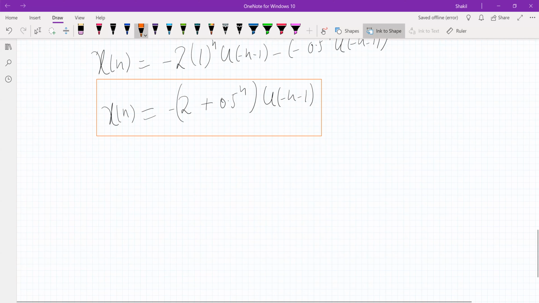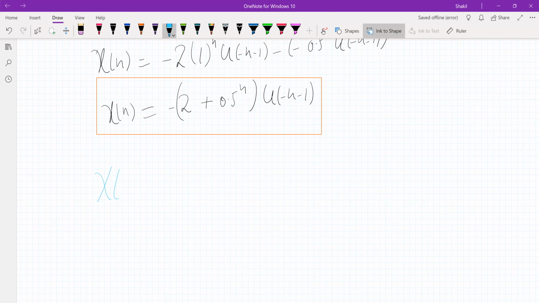Alright, now x of z is given to us. What's x of z? 2 by 1 minus z inverse minus 1 by 1 minus 0.5 z inverse. So this is the Z transform.